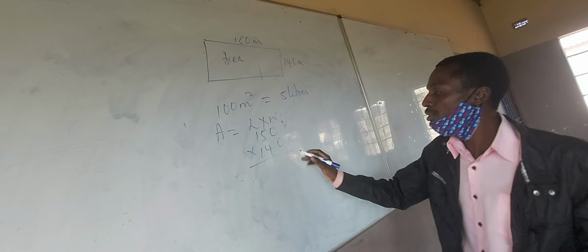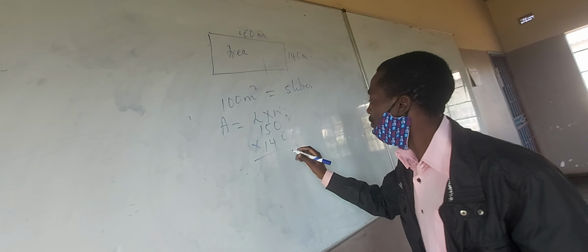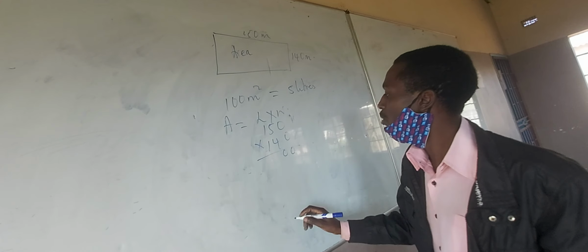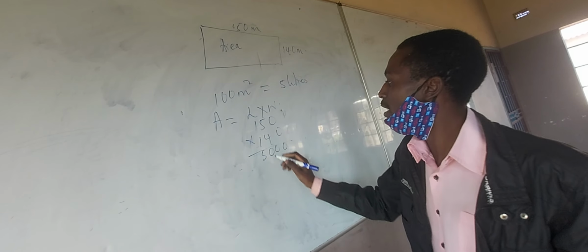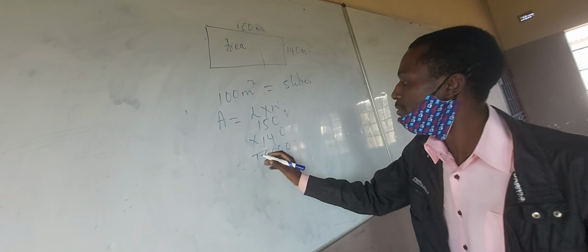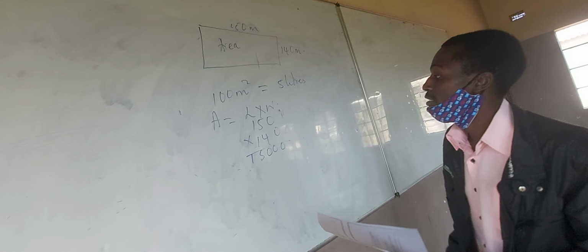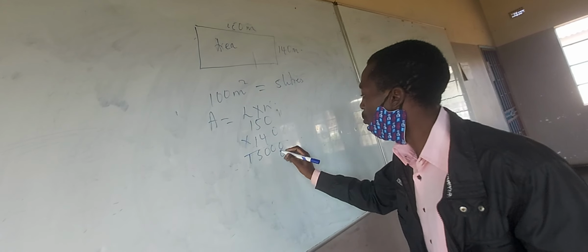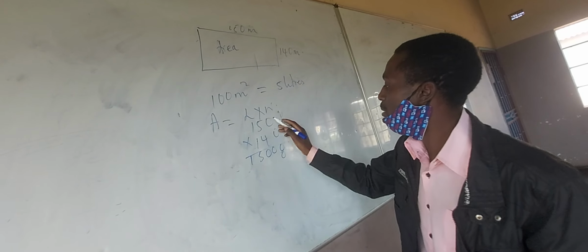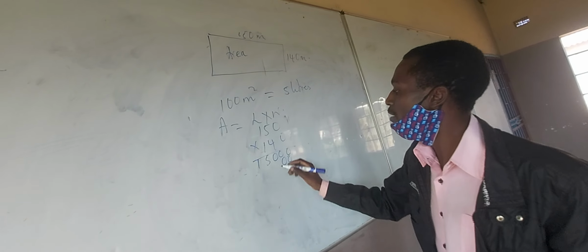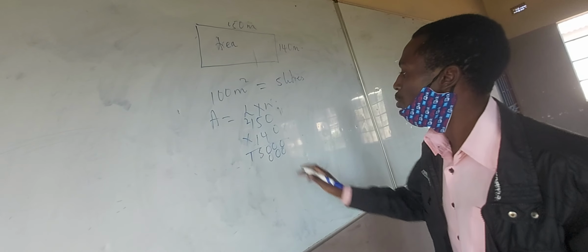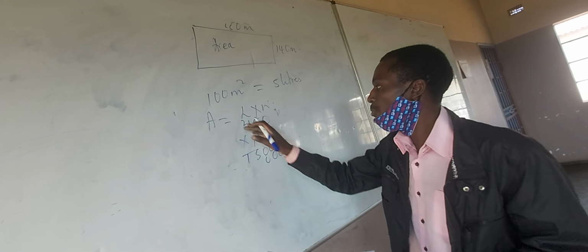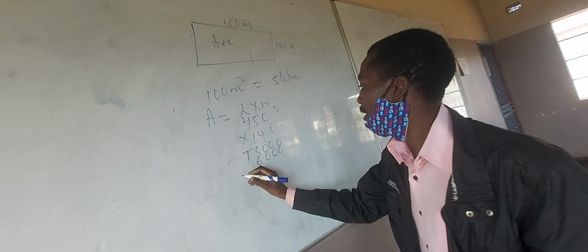So now we need to give a placeholder of 0, then 0, right? So 1 times 0 we get 0, 1 times 5 we get 5, 1 times 1 we get 1. Then we place another placeholder 0, and 4 times 0 is 0, 4 times 5 we get 20, which is 0 and carry 2, 4 times 1 is 4, 4 plus 2 we get 6.